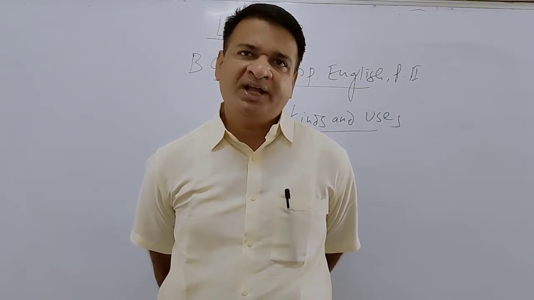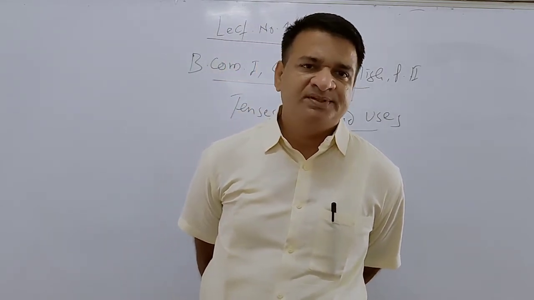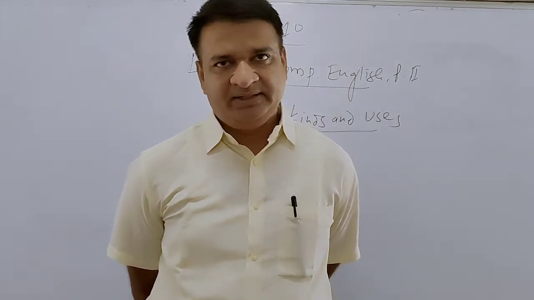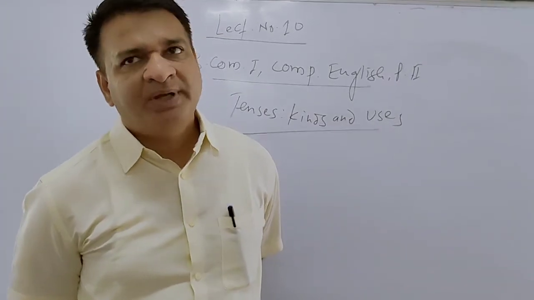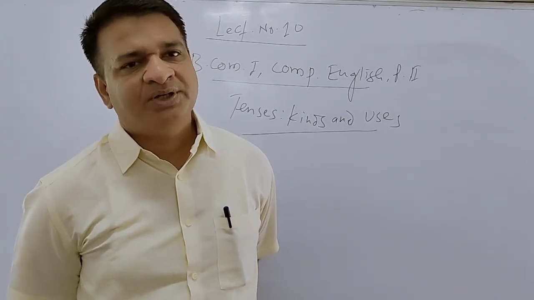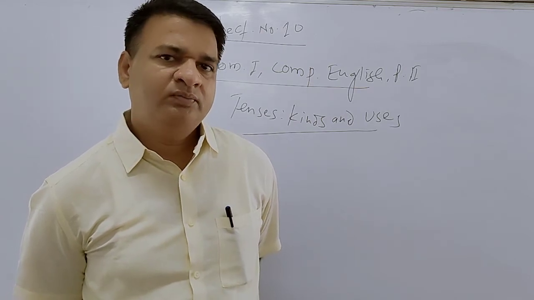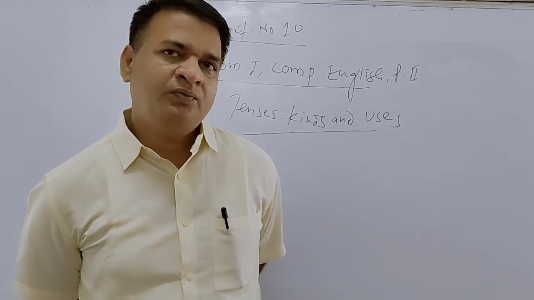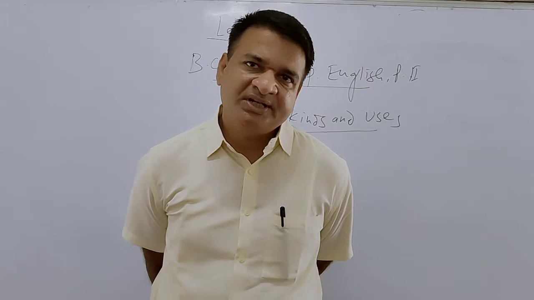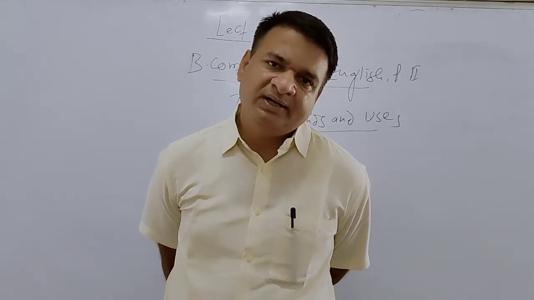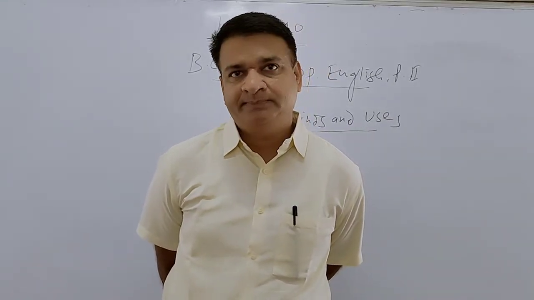It talks about the action. Main verb means write is a main verb. Play is a main verb. It gives information in 4 ways: simple present, present continuous, present perfect and present perfect continuous.